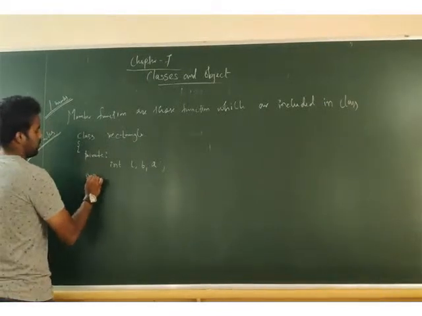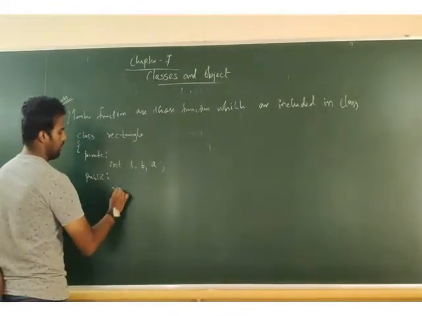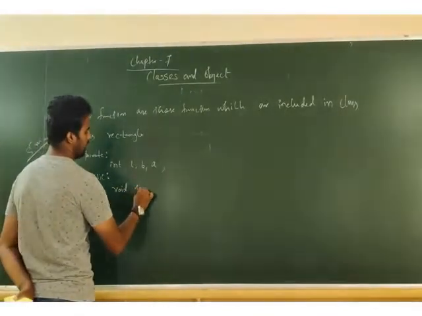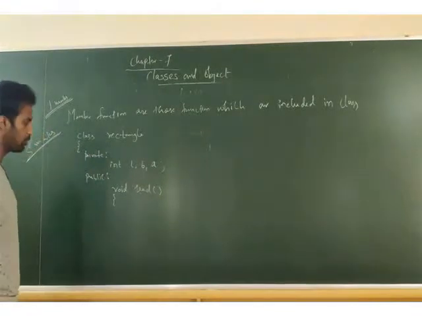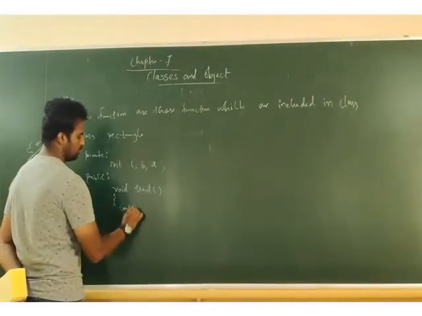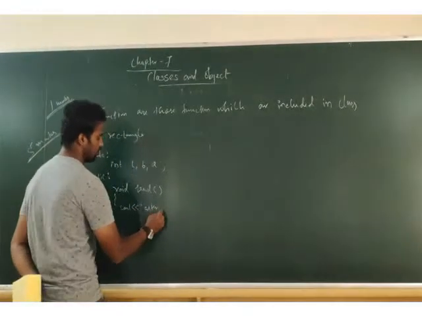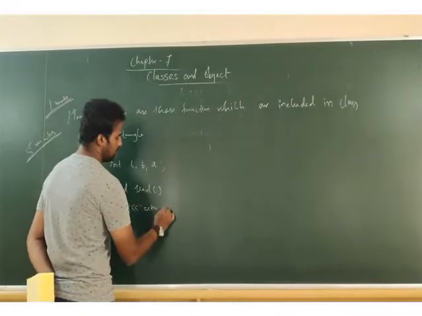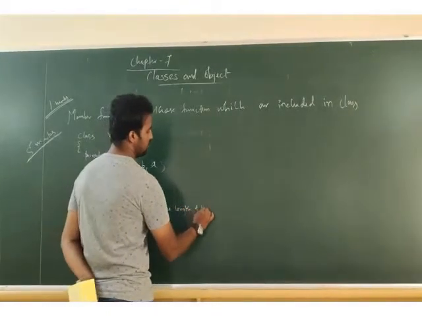Next, public. Void read. So what we are going to write here? We are going to write the logic of a program, that is the function. Cout, enter the length and breadth.